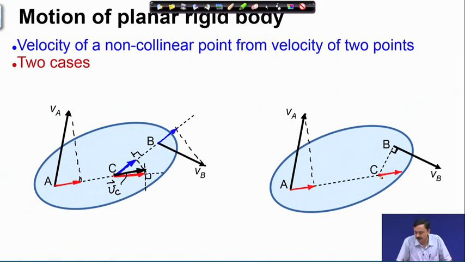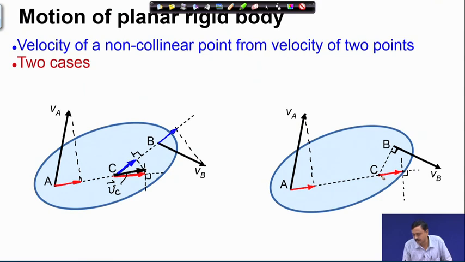So, now how do I find out the velocity of point C? As before, I must first draw a perpendicular to the direction AC. Now, since C does not have any velocity along BC, the vector along CB is exactly 0.